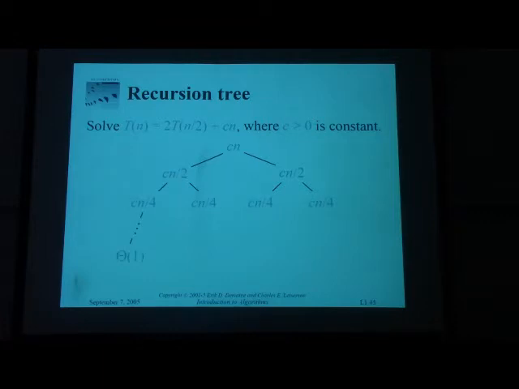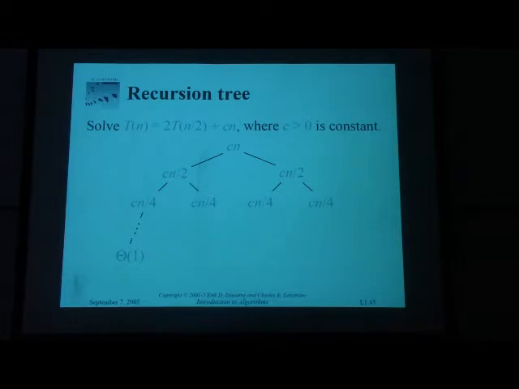Now, how long can it continue? How high can this tree grow? Well, this tree cannot grow any higher than log base 2 of n, because log base 2 of n is the function that tells us how many times n can be divided in half. So if you start with 16, one division makes 8, 4, 2, 1.